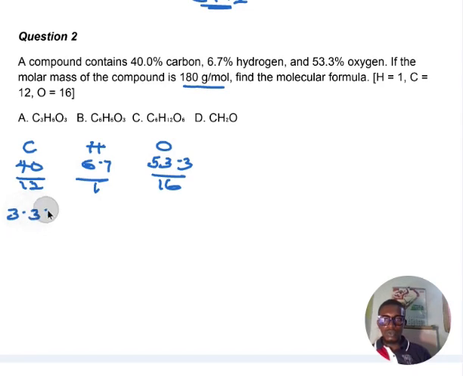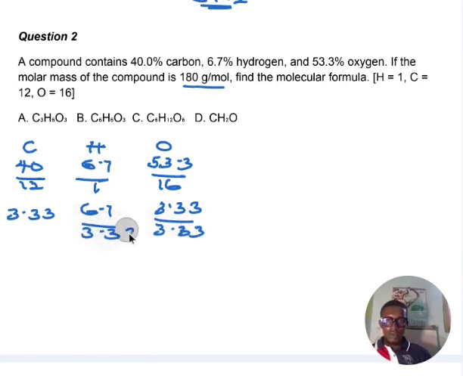So I'm going to just use 2 decimal places. 6.7 divided by 1 is 6.7. 53.3 divided by 16 will give you 3.33. Now, look at each of the values, which of them is the lowest? We have 3.33, so you divide each and every one of them by 3.33, which is the lowest value.